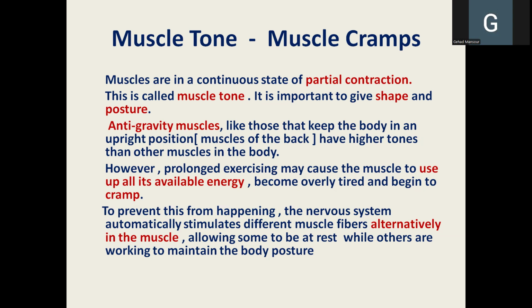I've repeated several times relative oxygen deficiency. What do we mean by relative oxygen deficiency? This occurs in case of strenuous muscle exercise when you have exercised for a long period of time.